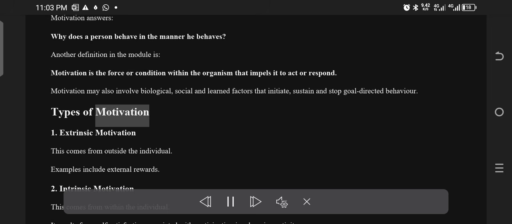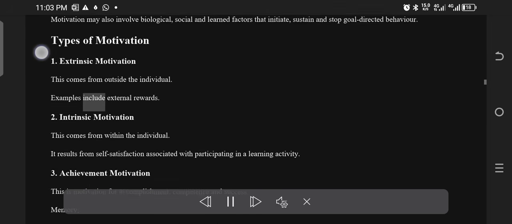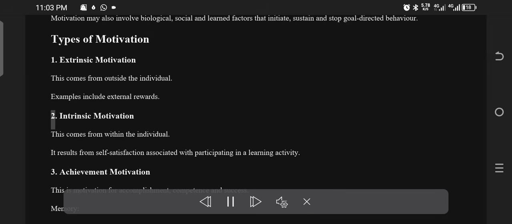Types of motivation. 1. Extrinsic motivation. This comes from outside the individual. Examples include external rewards. 2. Intrinsic motivation. This comes from within the individual.